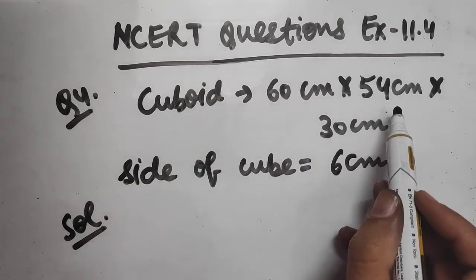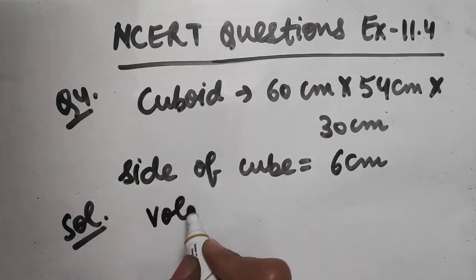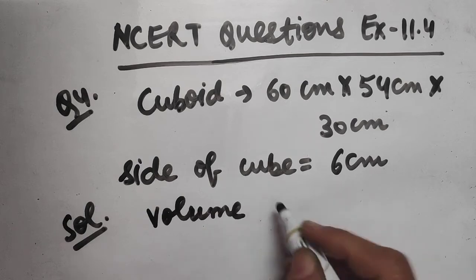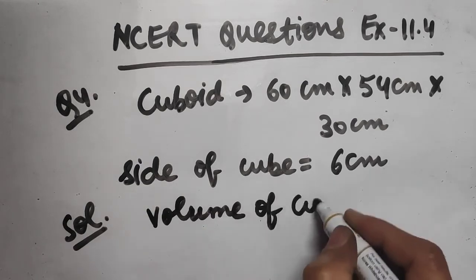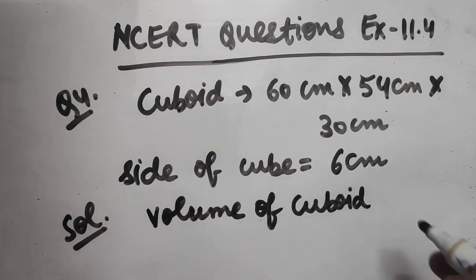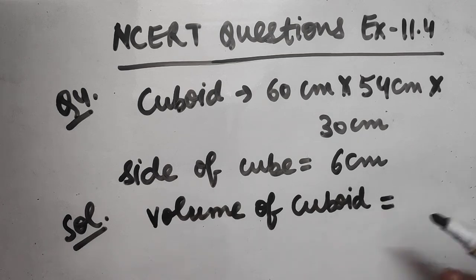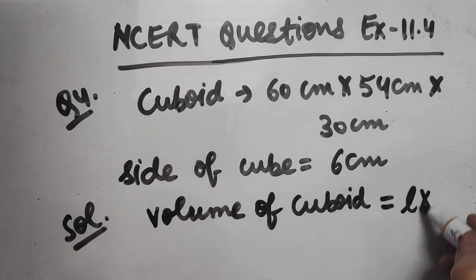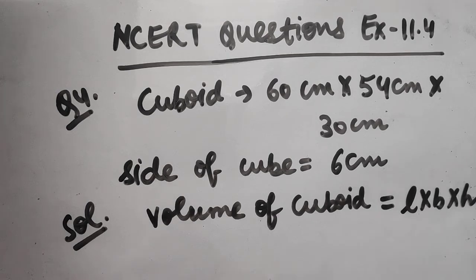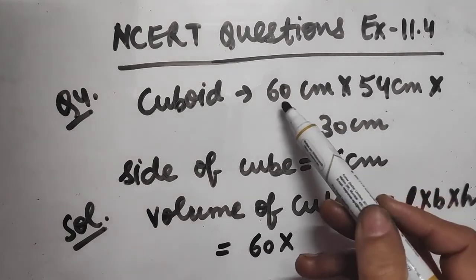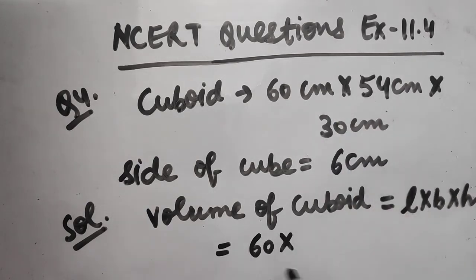Dimensions of the cuboid are given to us. Volume of cuboid, formula we know, base area into height. Base is rectangular, so it will be L into B into H. This is the formula of volume of cuboid. So it is equal to 60. This is length, this is breadth, and this is height. So length 60 into 54 into 30.